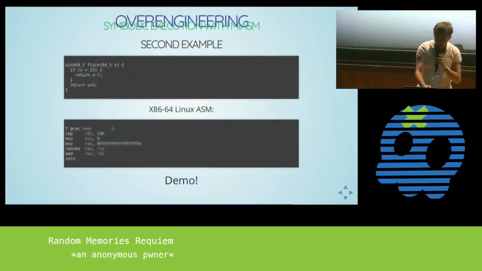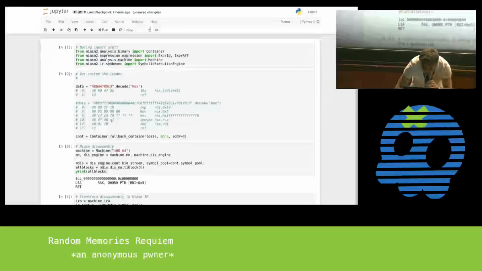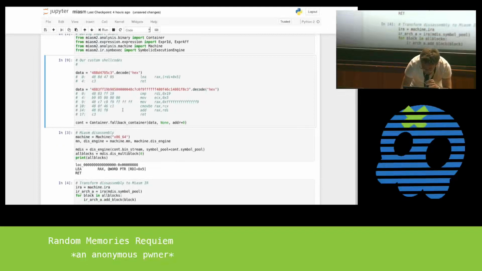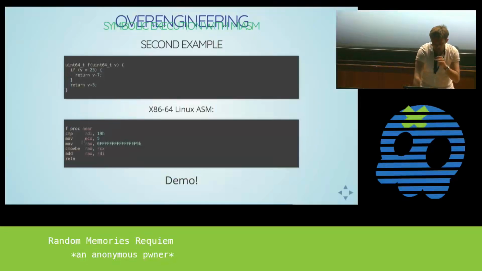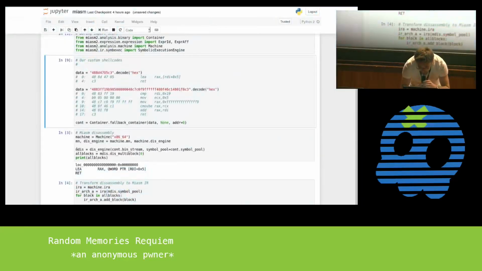Now let's see how we can make this symbolic execution with branches. So that's the second, more complicated example, this one. If we compile this with Clang or GCC, it will optimize this with a CMOVE because maybe it's better anyway.